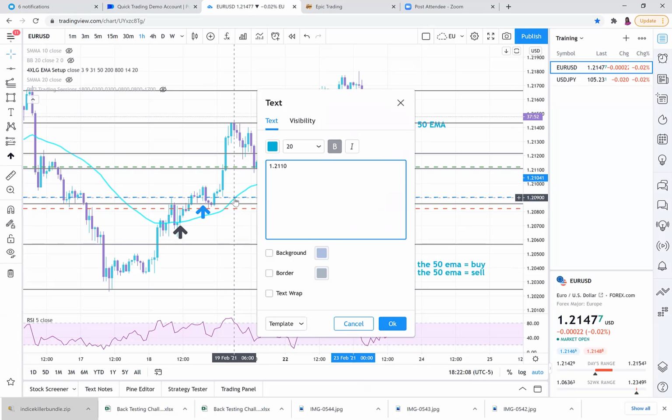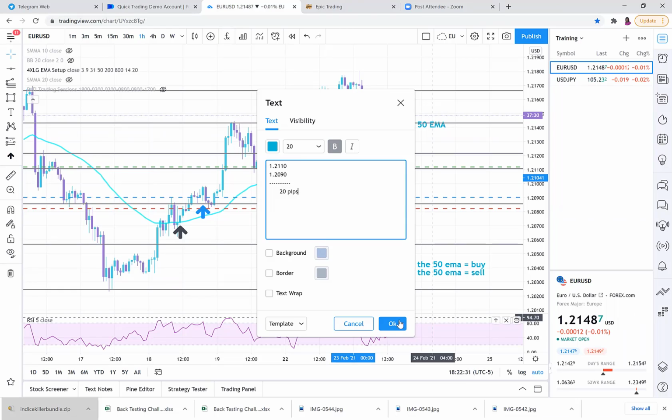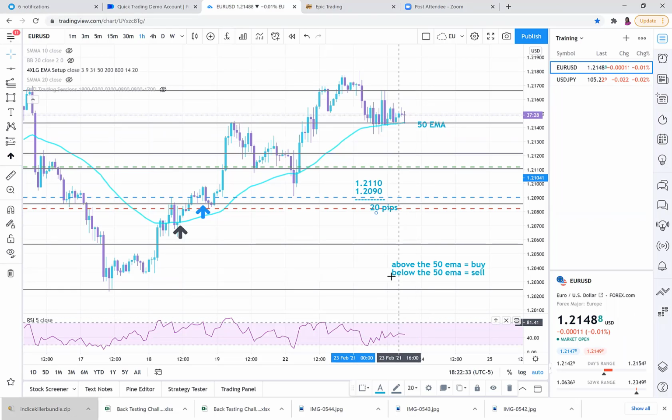And where we entered here in blue, price was at 1.2090. We do simple subtraction, and that's basically 110 minus 90, which is roughly 20 pips minus our spread.